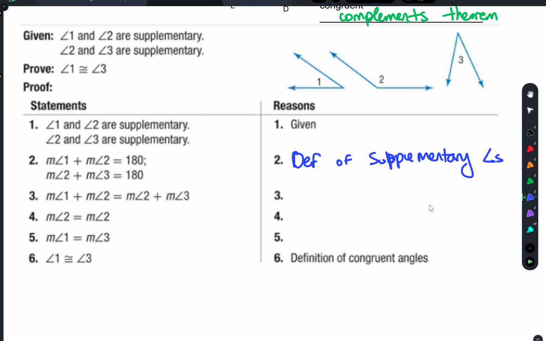Go ahead, give it a try. Substituting angle 2 plus angle 3 for 180? Yeah, that's exactly what we did. We saw that angle 2 plus angle 3 equals 180, so I can replace 180 in that statement with the measure of angle 2 plus the measure of angle 3. That is the substitution property of equality.